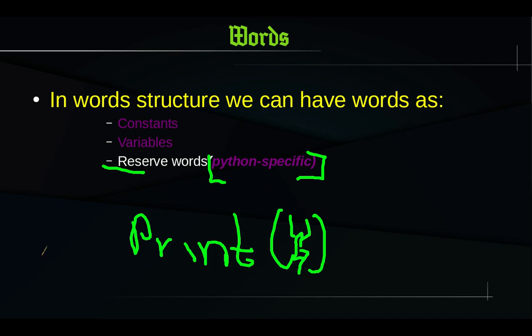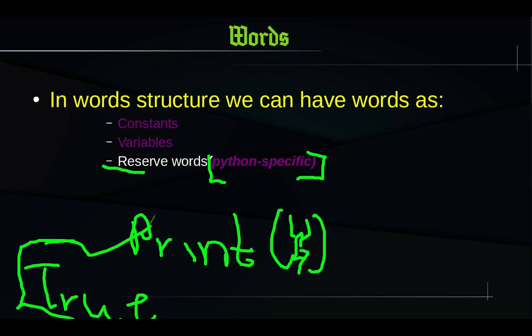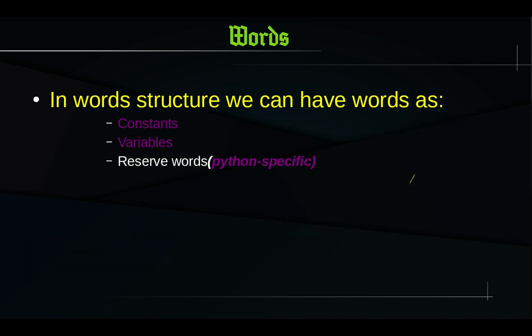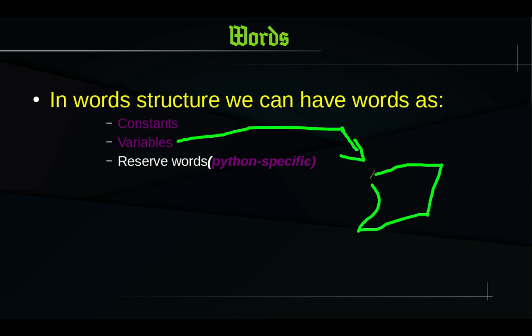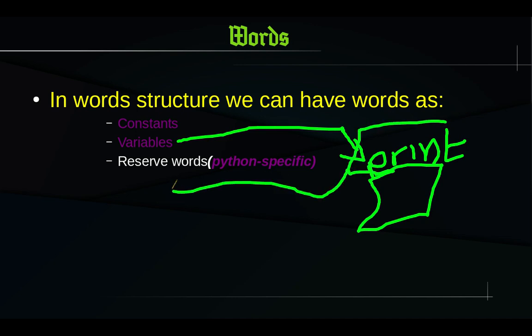Or if someone says, let's say True with a capital T, it means a certain condition or value has been checked and is either true or false, so it has been found to be true. And when you talk about variables and naming them, you cannot give a variable name as, let's say, print. That will give us an error in Python, because print itself is a reserved word that only means, and Python knows it only means, output something.